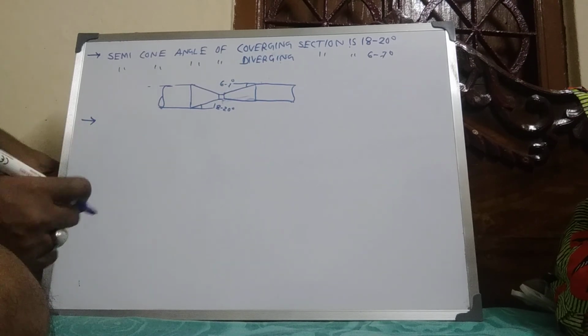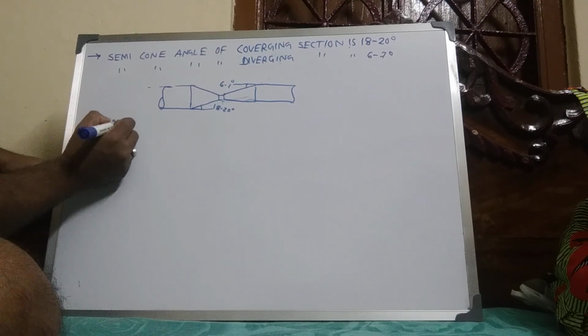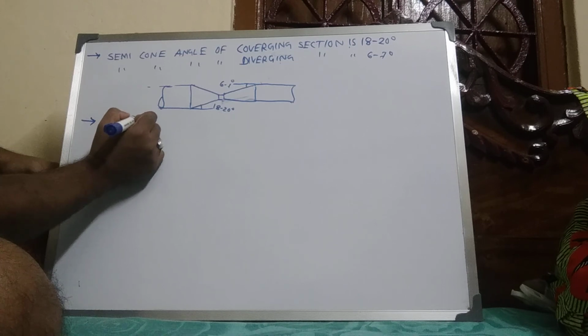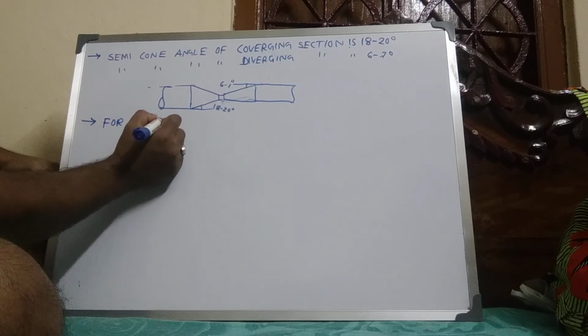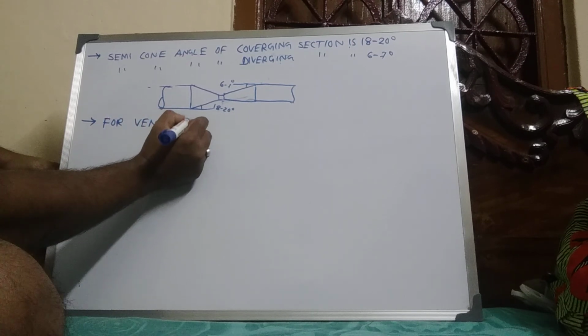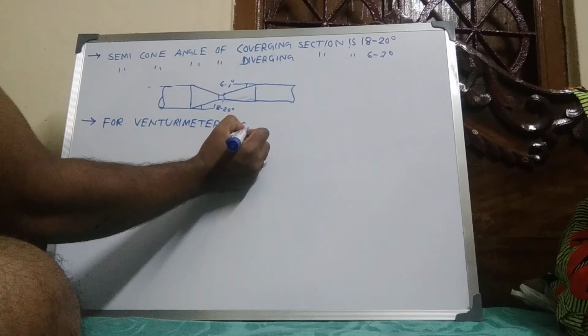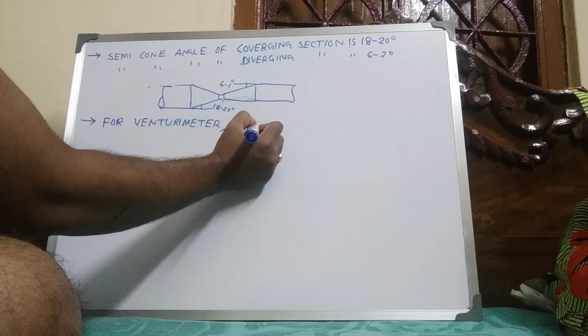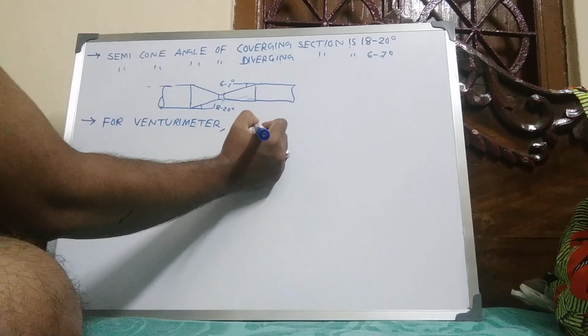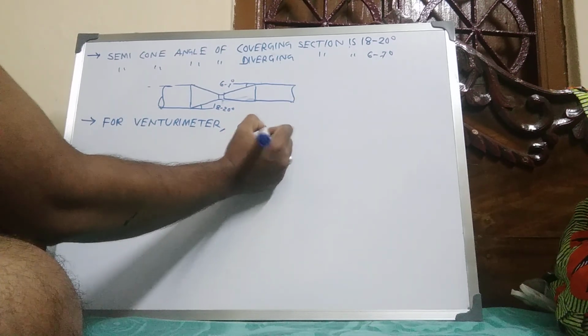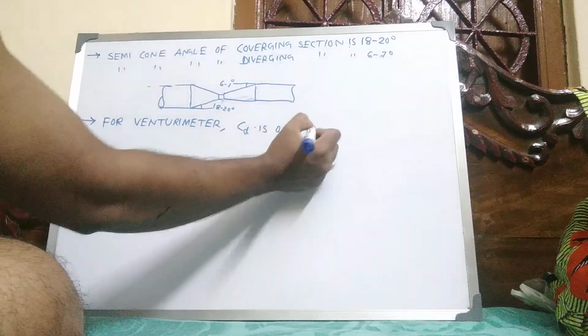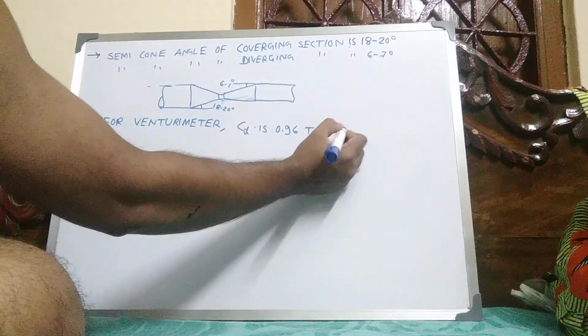Now the CD value for a Venturi meter, the coefficient of discharge, is 0.96 to 0.98.